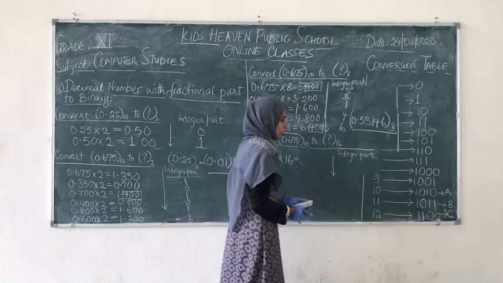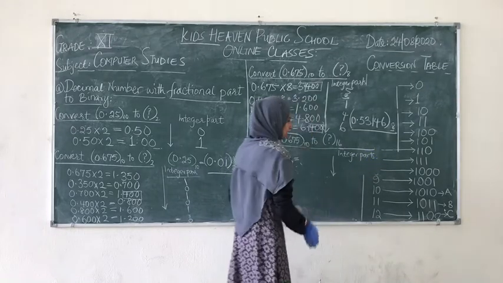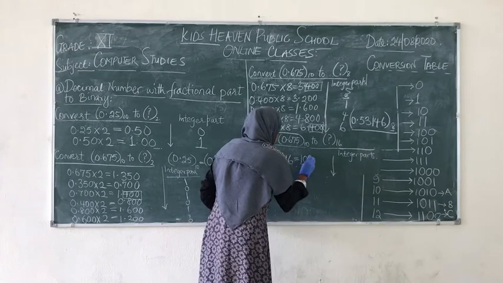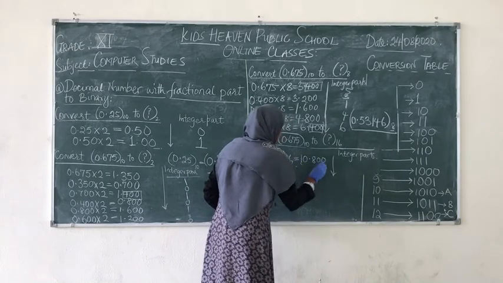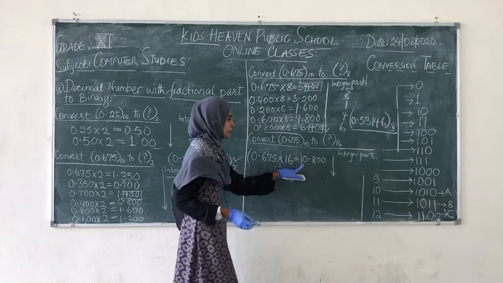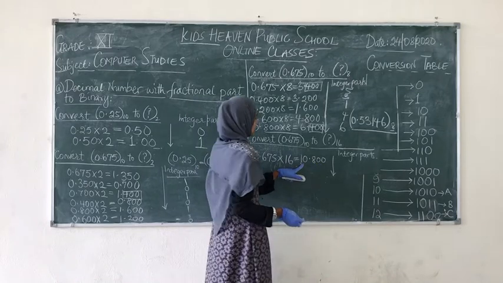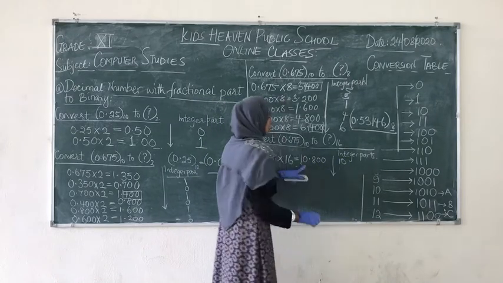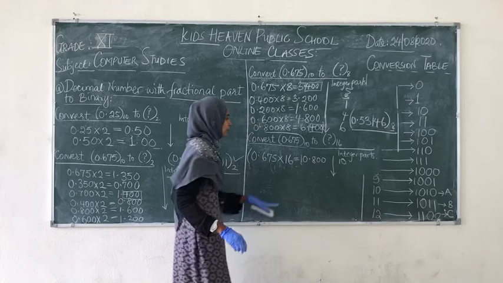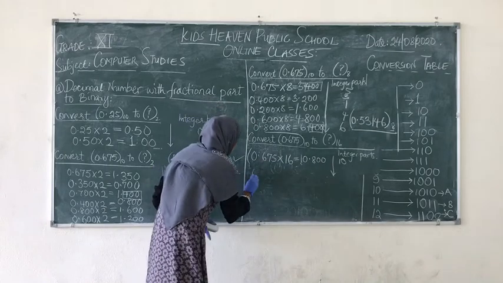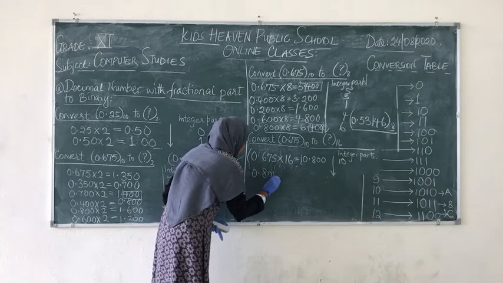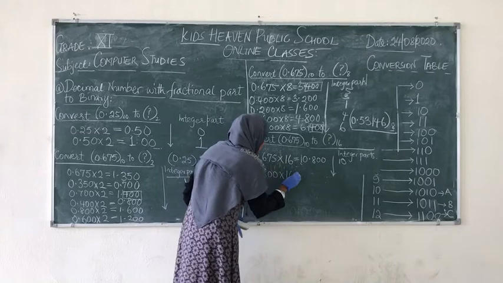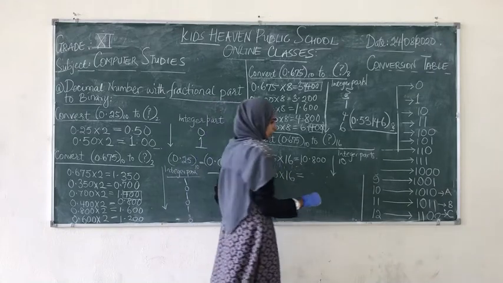So 0.675 multiplied by 16 is 10.800. Now we have a fractional part here of 800 and an integer part of 10. We are noting down our 10. Now pick the fractional part. 0.800 multiplied by 16. What is that going to result in?